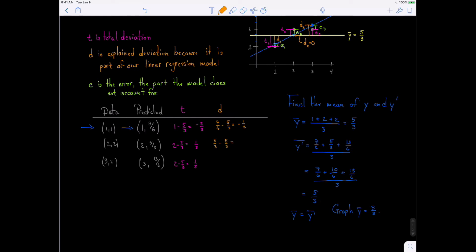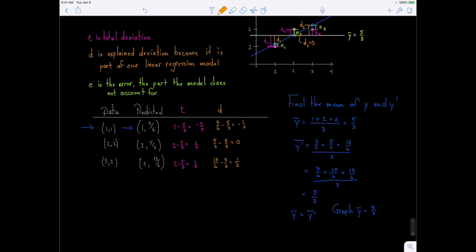Oh, look at that, that's 0. And then our last one is going to be 13/6 minus 5/3. Remember I need a common denominator, so that's going to be a 13 minus a 10, so that's going to be 3/6, that's positive 1/2.